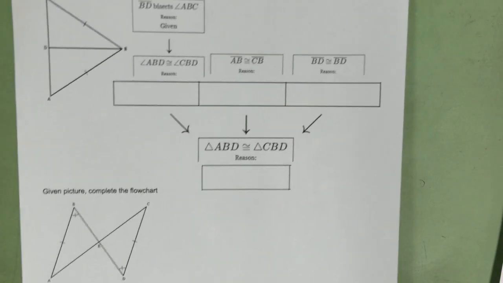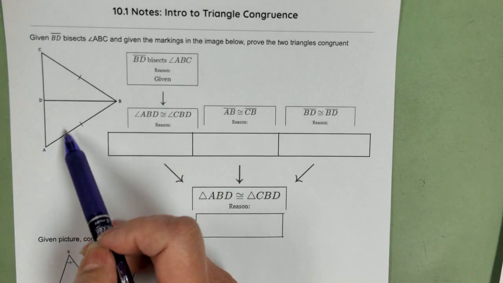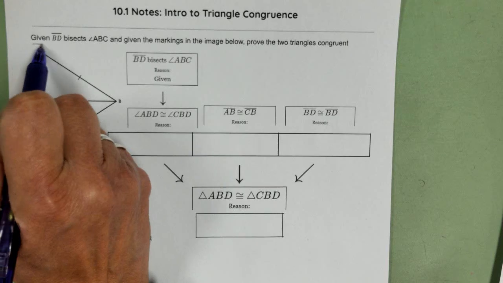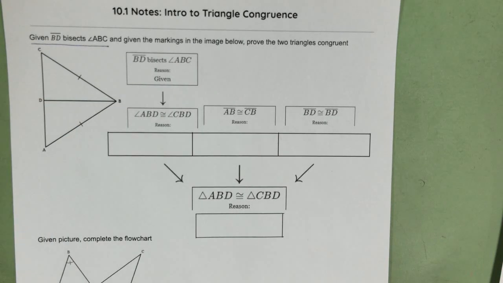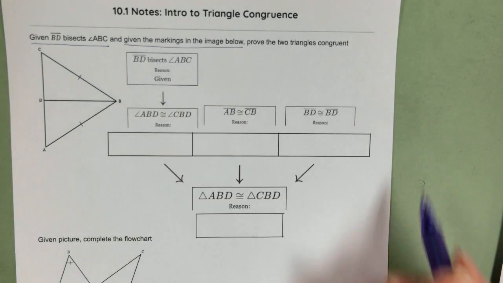So now we're going to walk through some proofs. And you will do your practice on Delta Math, and this is kind of what you're going to be given. You have a diagram. You're given that segment BD bisects angle ABC, and you're given the markings in the image.